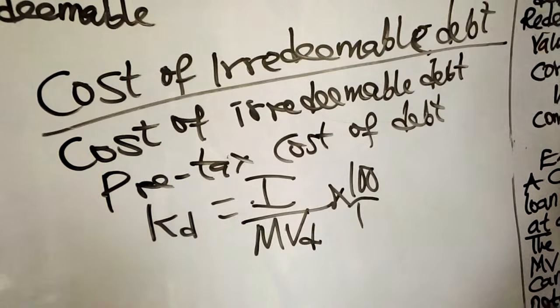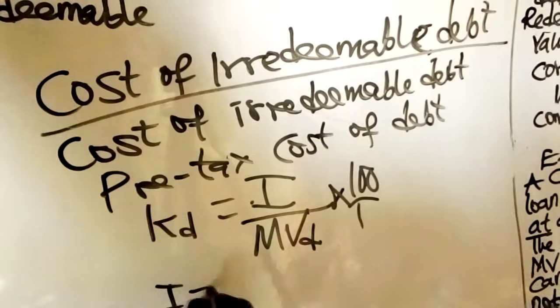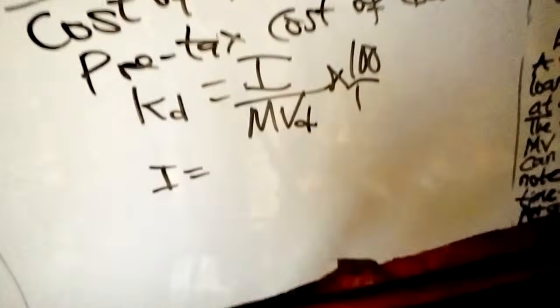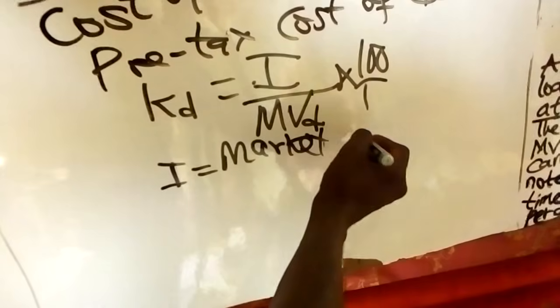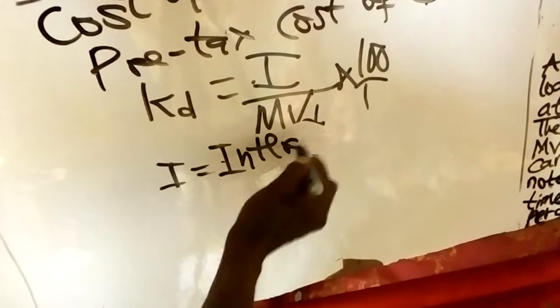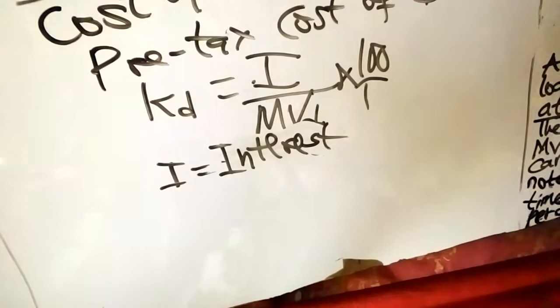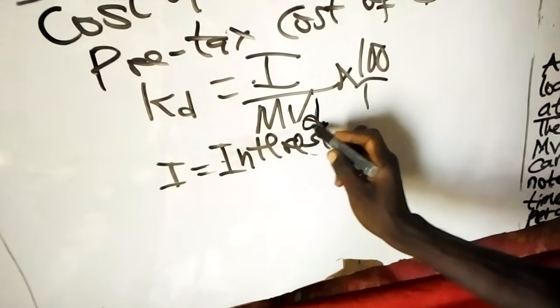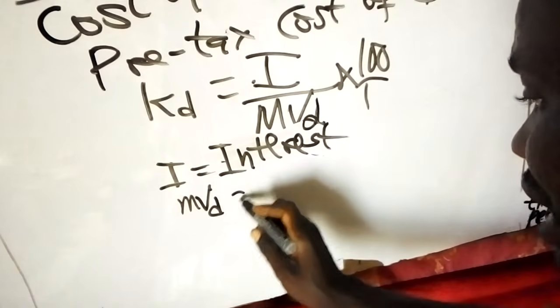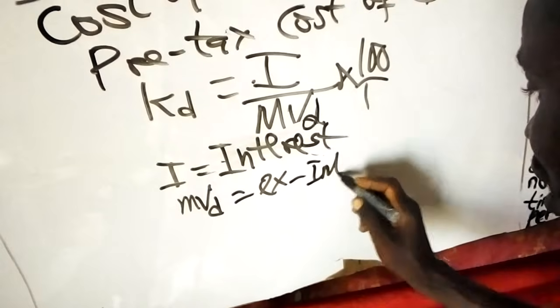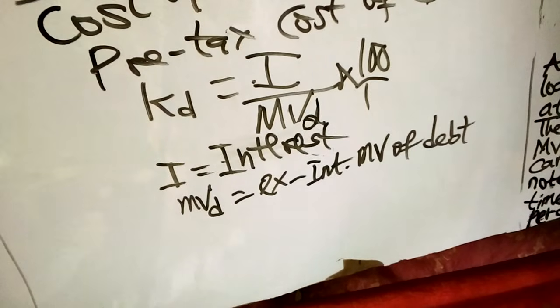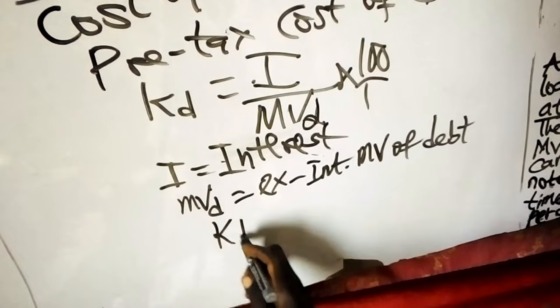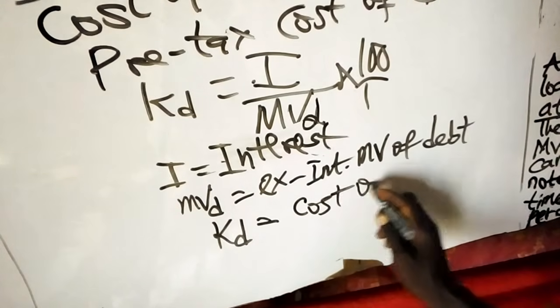Where I is interest, MVD is the market value of debt, and KD represents cost of debt.